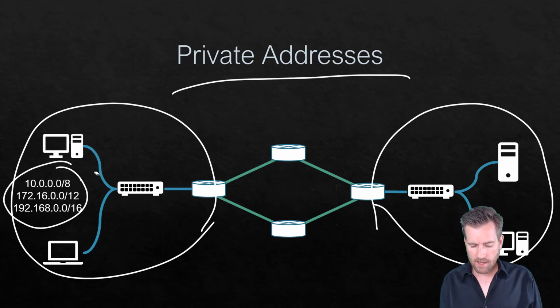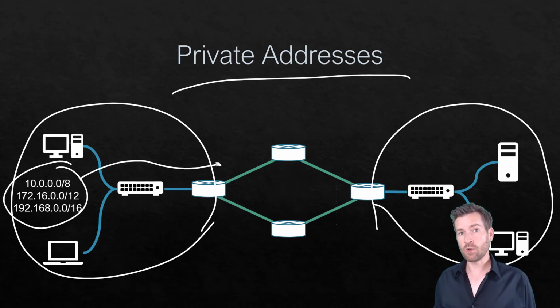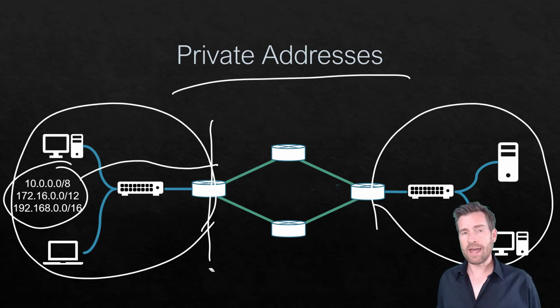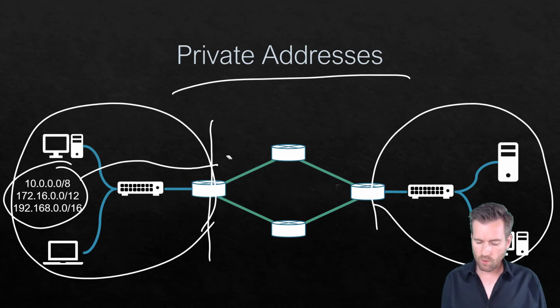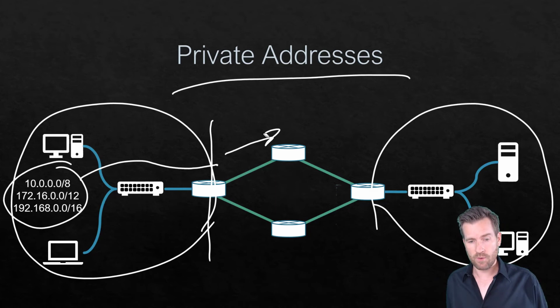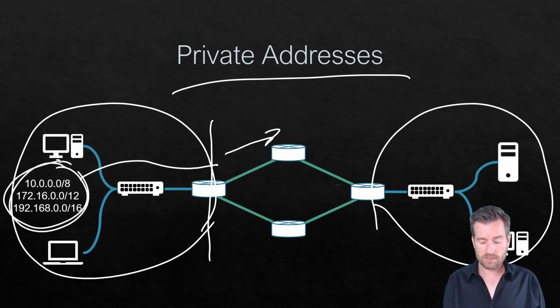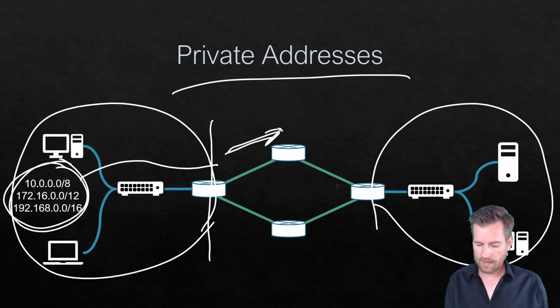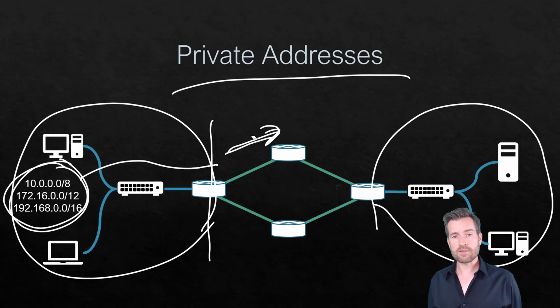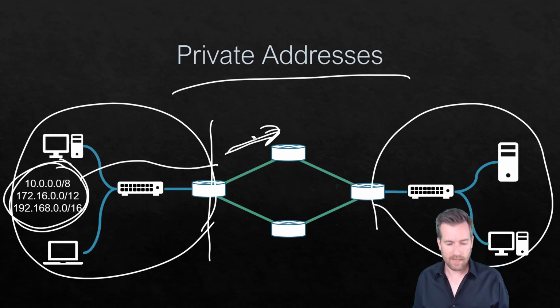As you exit your interface, or when you exit your network, that will get translated into some sort of public address. So these address ranges are not to be used on the internet and out in the public realm. They'll get translated as they exit. These are ranges that you can use, and they're most often used nowadays.